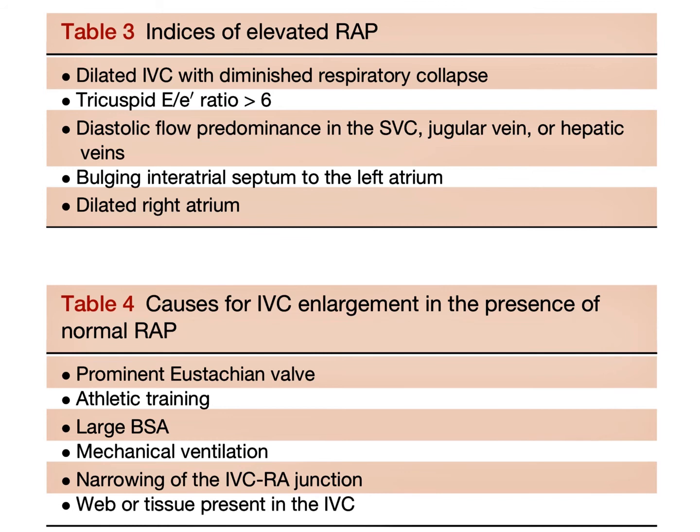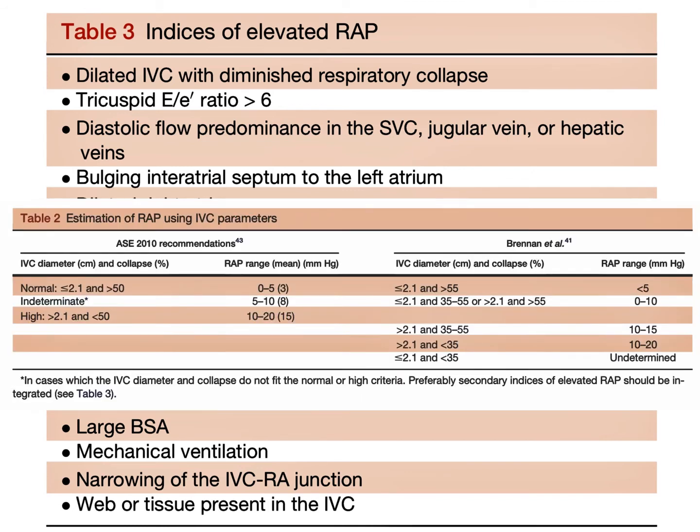Other parameters, which I will go over subsequently, are also important. In addition, inferior vena cava dilation can occur in the presence of normal right atrial pressure under various conditions. The degree of respiratory variation can also help, but depending upon the study that we use, we might find different strata for determining the actual right atrial pressure, depending upon the degree of respiratory variation.